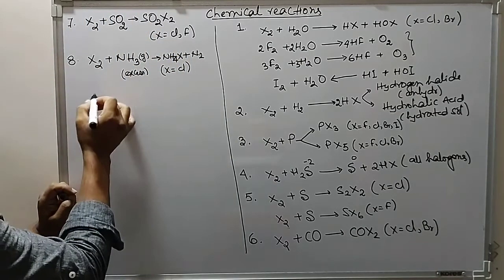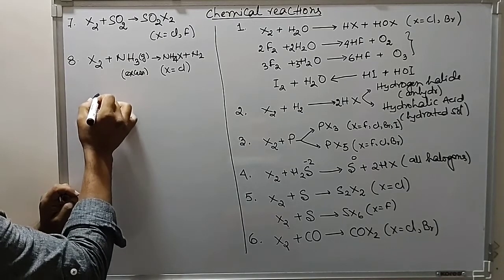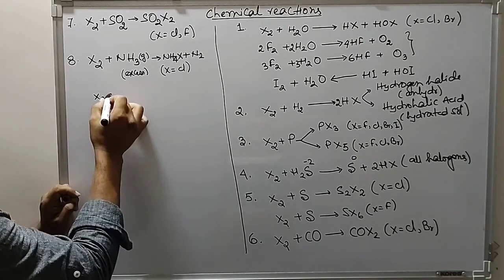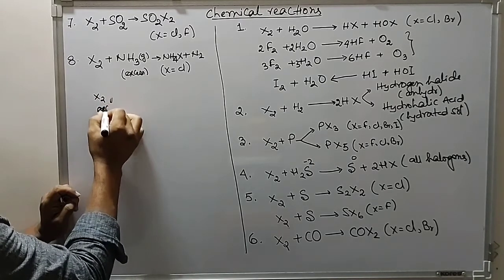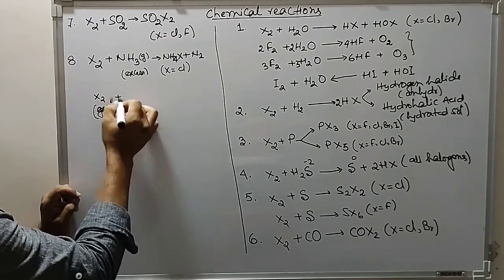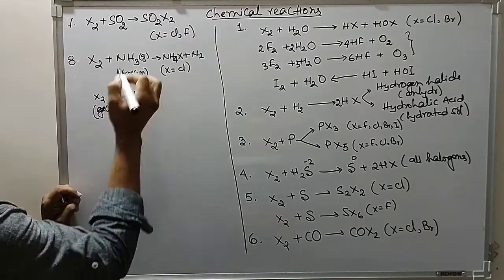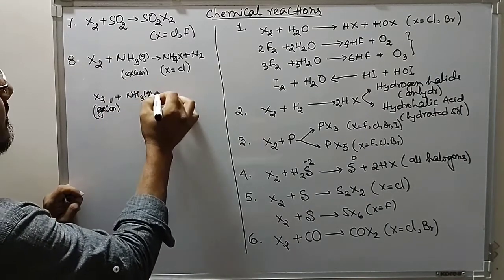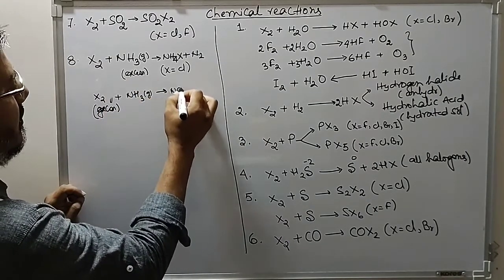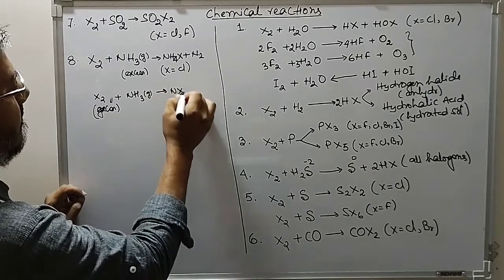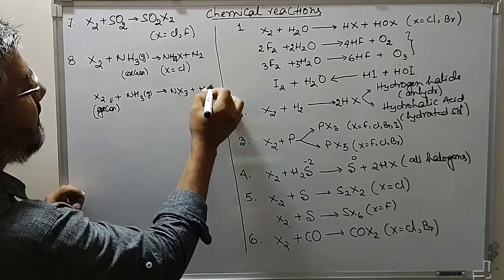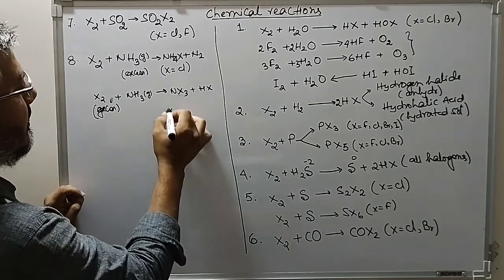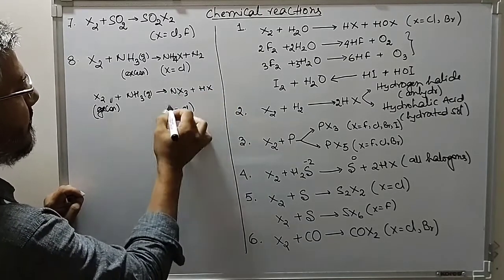But if X2 gas is taken in excess and reacts with ammonia gas, then this gives you NX3 plus HX, again X is equal to Cl.